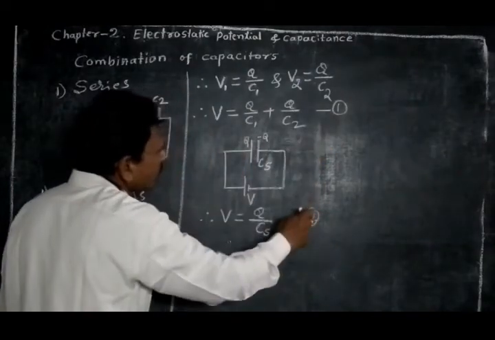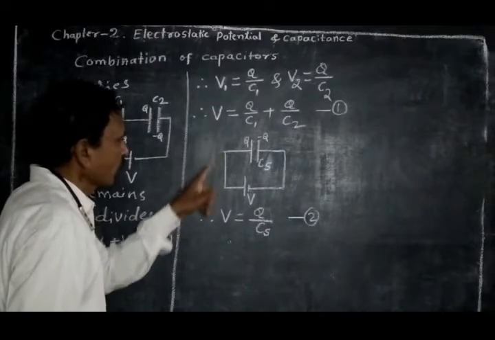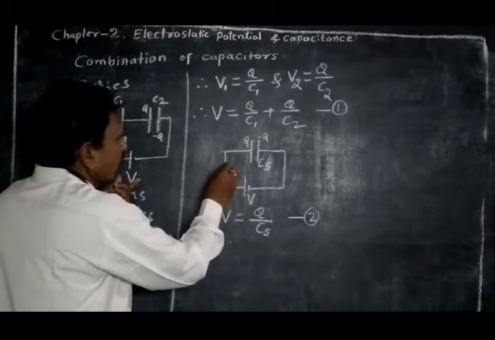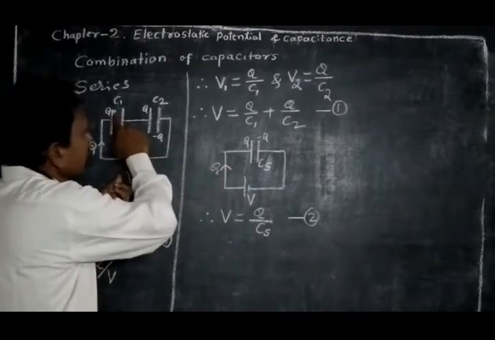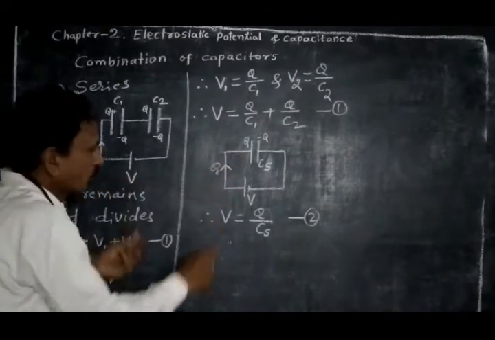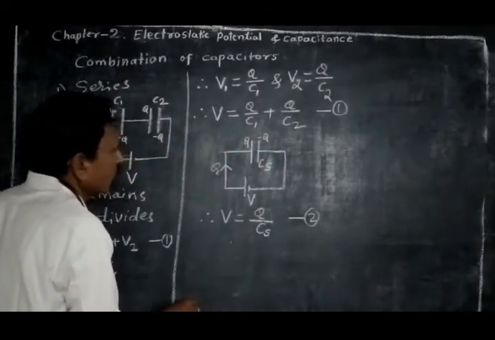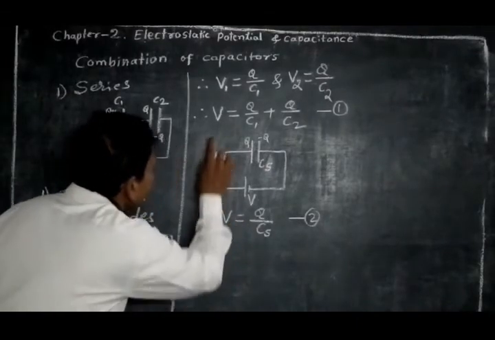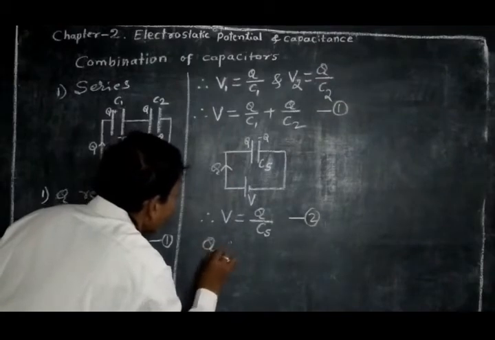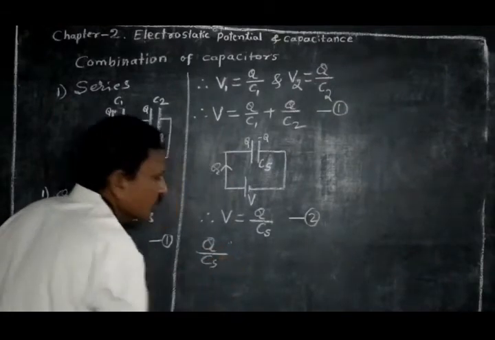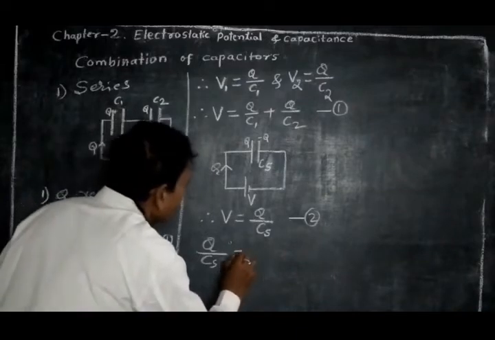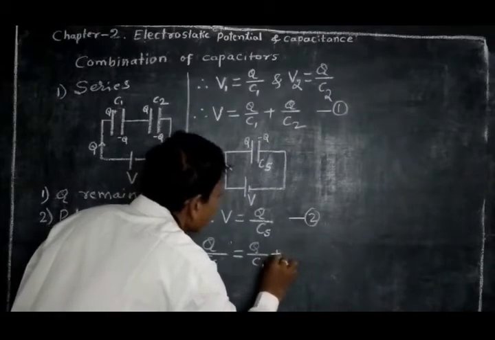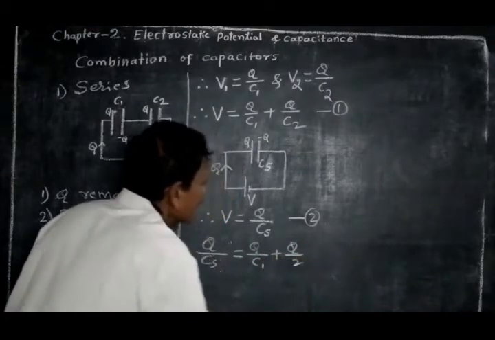Now, equating equations 1 and 2, the left hand sides are both V. That means it is the same potential difference and the charge stored is the same. Therefore, V can be written as Q upon CS, and Q upon CS is equal to Q upon C1 plus Q upon C2.